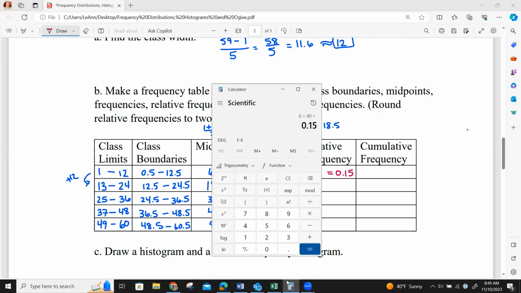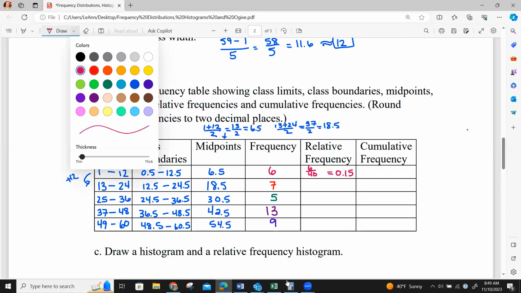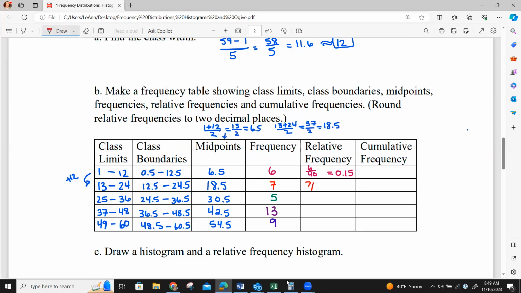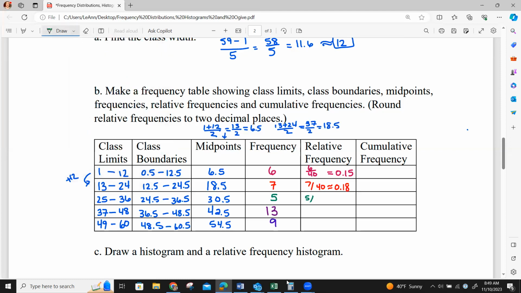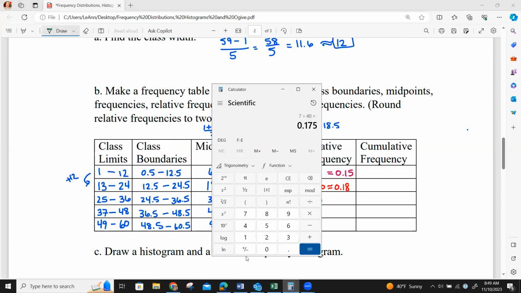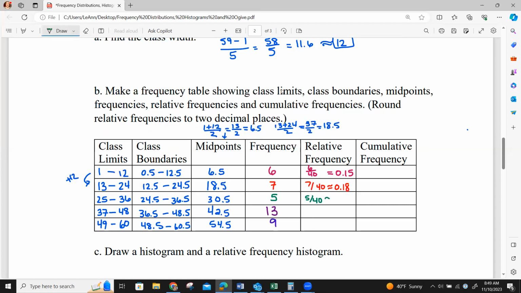For the 7, so 7 divided by 40, that one we'll have to round, so that'll be 0.18. Then we're going to do 5 divided by 40. Or that's our total frequencies. That's 0.13 if we round.